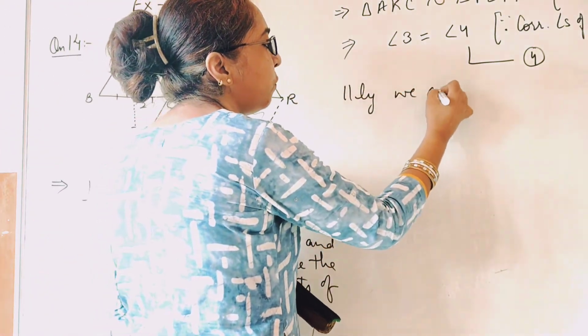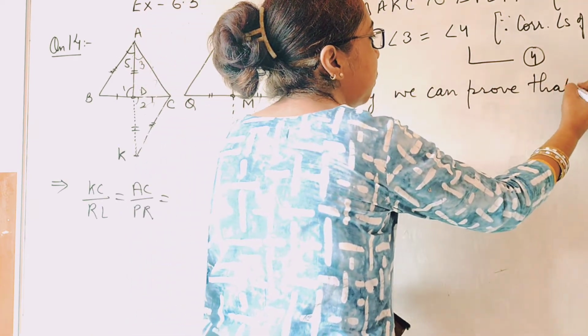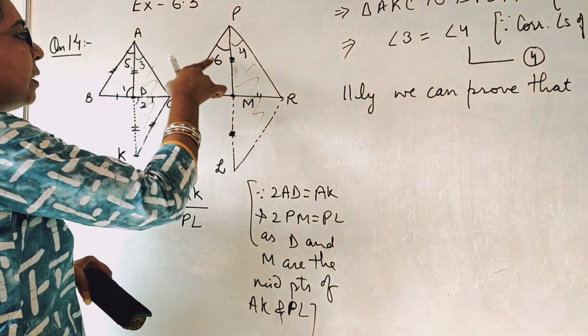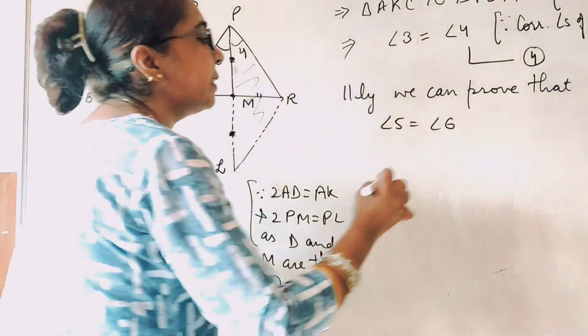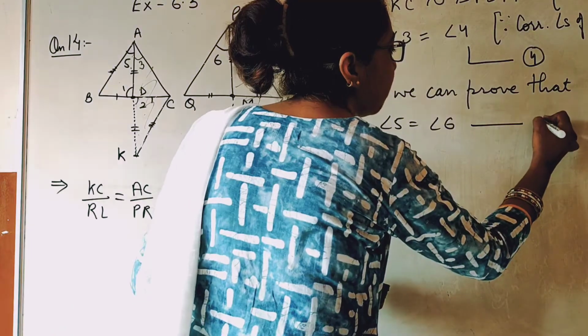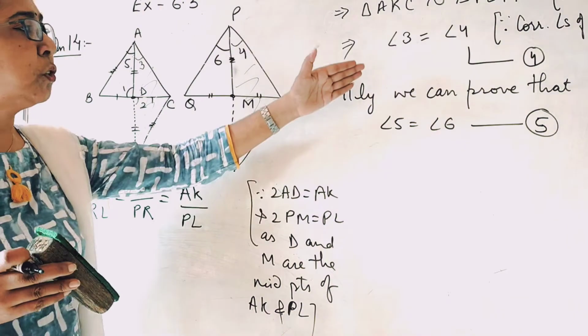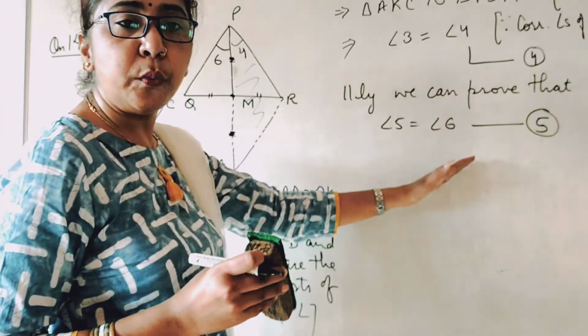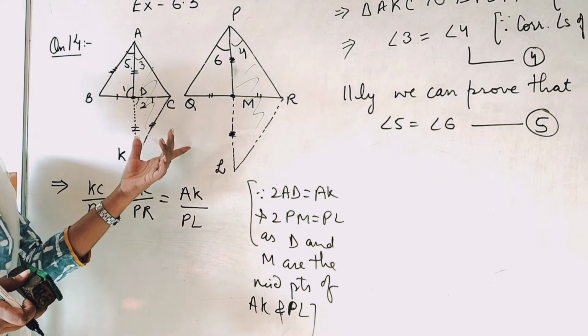We can prove that angle 5 is equal to angle 6, and let's say the equation is 5. So I reach here after the two equations, angle 3 equal to angle 4, angle 5 equal to angle 6. Now I have just reached the solution.